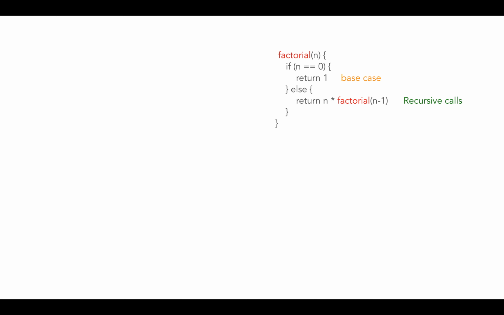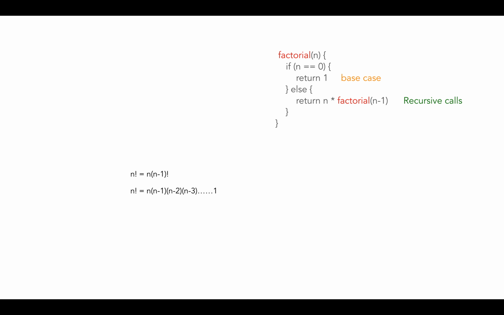If you want to calculate the factorial, the formula is: factorial of n equals n multiplied by factorial of n minus 1, which if expanded is the same as n multiplied by n minus 1 multiplied by n minus 2, and so on, decreasing the value of n until it reaches 0.